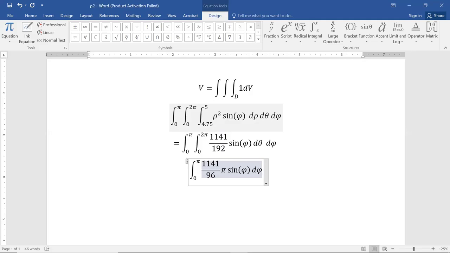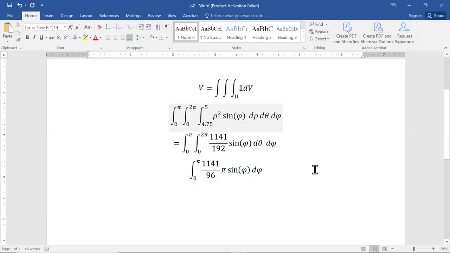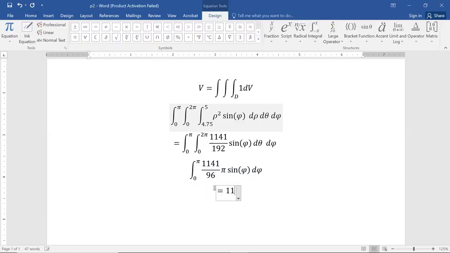So we're going to take 1,141 pi over 96 and multiply that by 2, which gives you 1,141 over 48 times pi, which I guess we can write in a couple of approximation ways, about 23.77 times pi, or about 74.68.